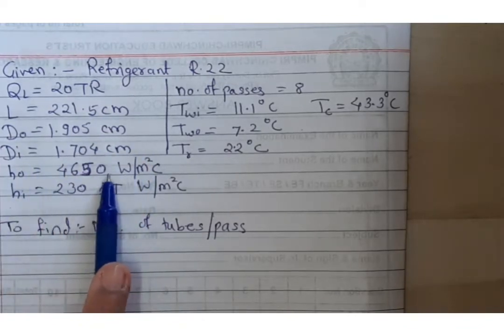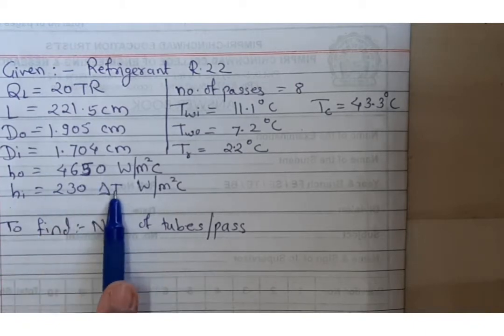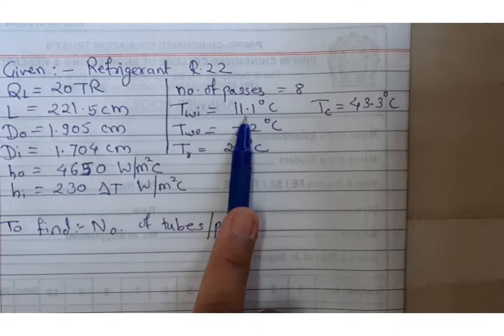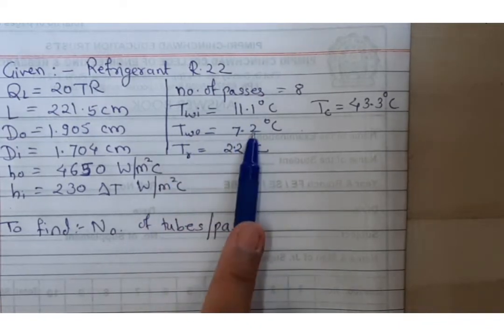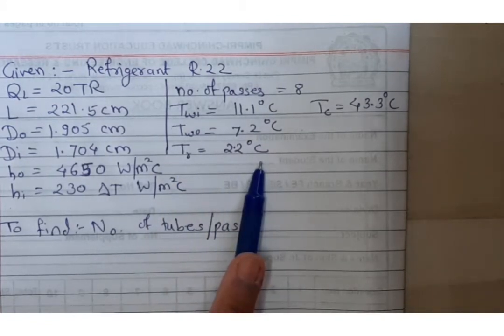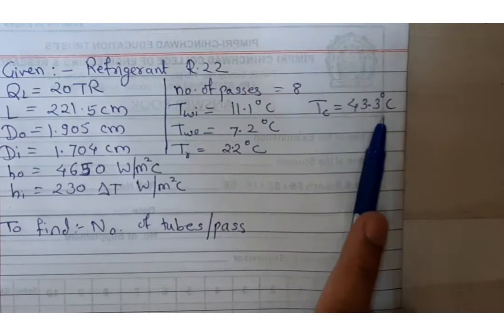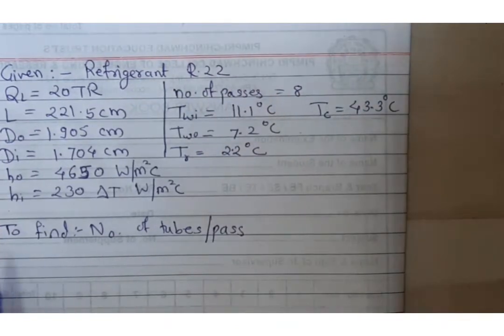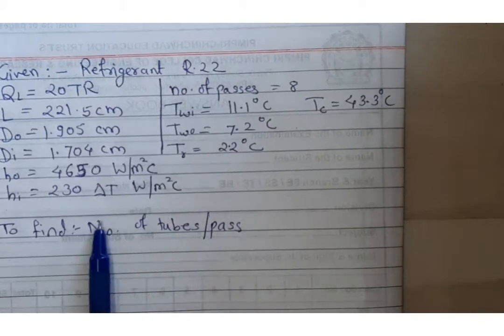HO is 4650. HI is 230 delta T. Inlet water temperature 11.1 degrees Celsius. Outlet water temperature 7.2 degrees Celsius. Refrigerant temperature at inlet is 2.2 degrees Celsius and condensing temperature is 43.3 degrees Celsius. Now what we are supposed to find here is the number of tubes.